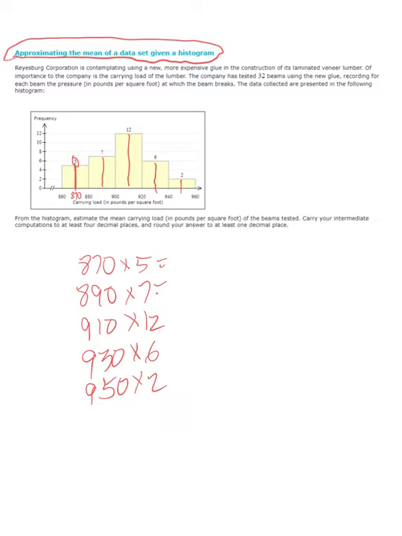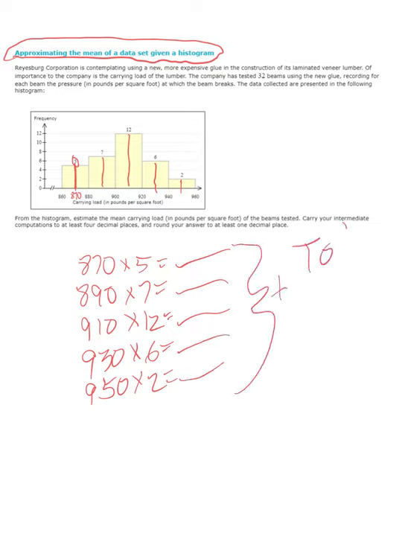I'll get those numbers, go to my calculator, and type those things in. Get a total there, total there, total there, total there. Add them all up to get a grand total, and then divide by the total number of frequencies.